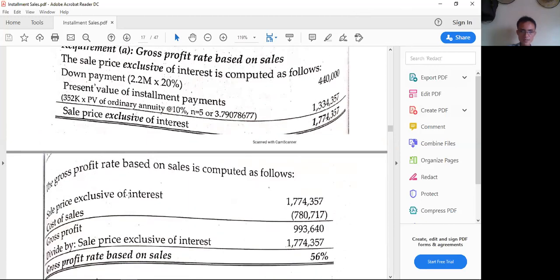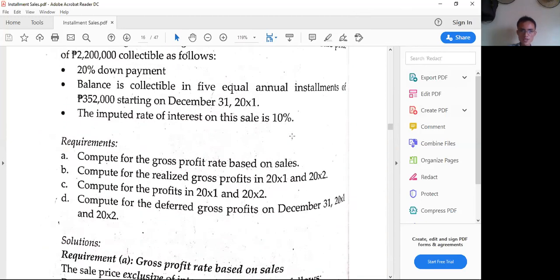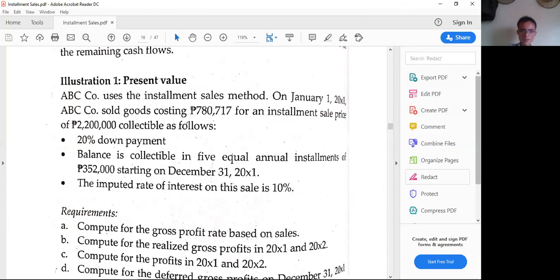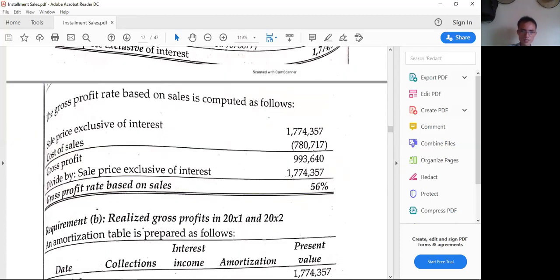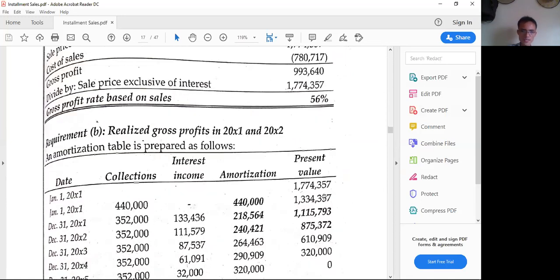And then why are we using this one? We are not using 2,200,000 because this would be the installment sale price with interest. We said exclusive of interest when we compute the gross profit. So you have here, then this is the gross profit and divided by the sales price exclusive of interest, so that the answer would be 56%.